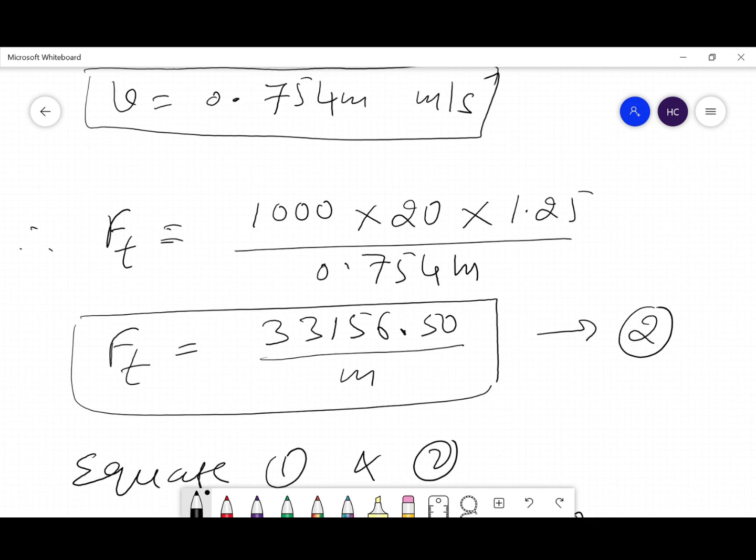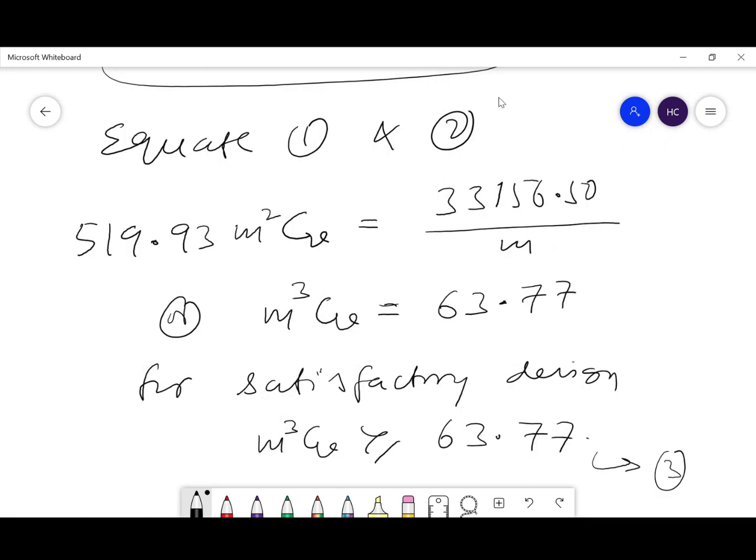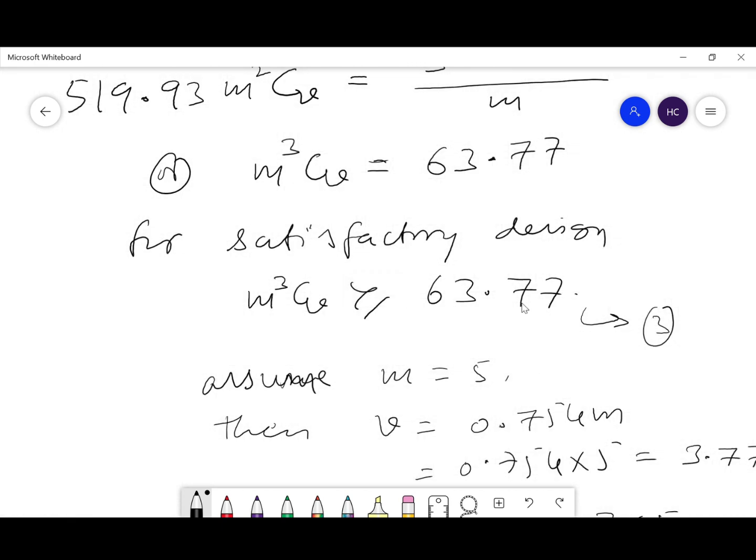So now equating equation 1 and 2, that is beam strength equal to tangential tooth load, we get m cube Cv is equal to 63.77. For satisfactory design, m cube Cv must be greater than or equal to 63.77.